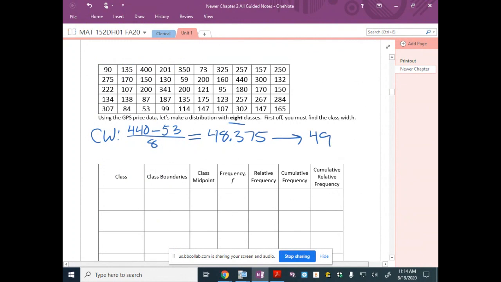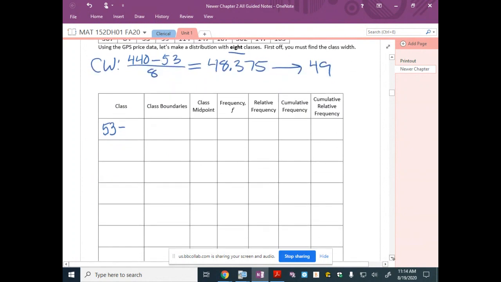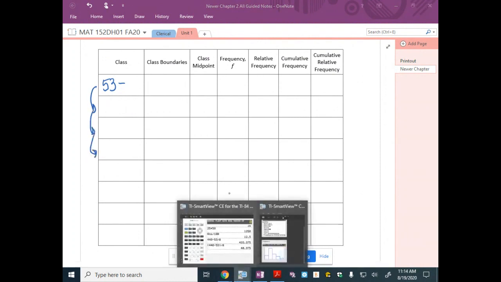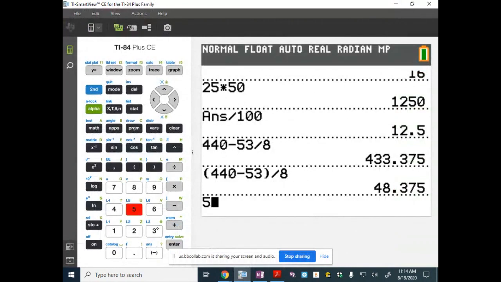So, now in this case, our class is going to start off with the lowest value, 53. Now, we're basically now going to add 49s until we get to the end.